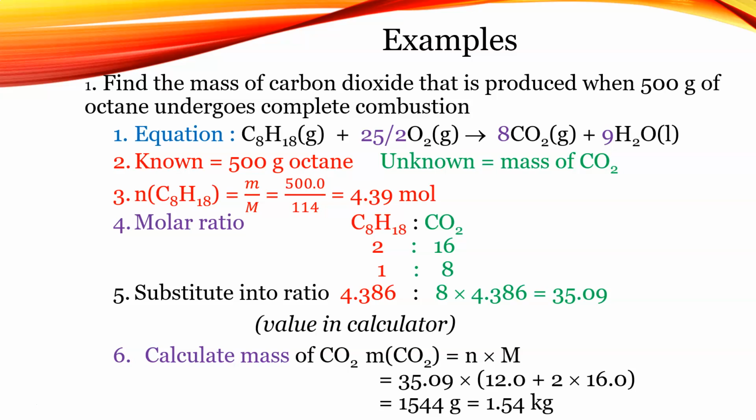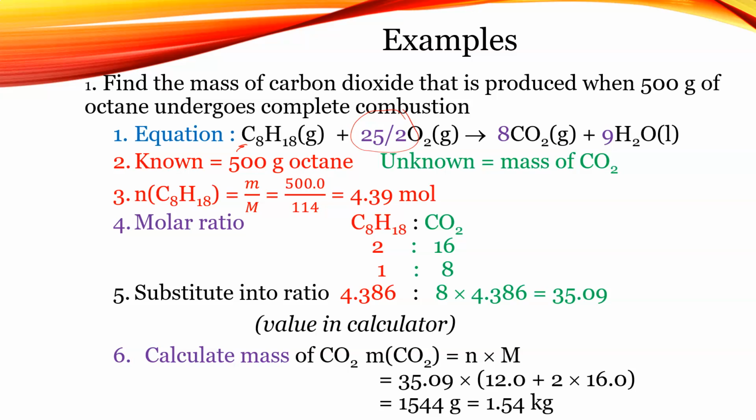So we start off with the balanced equation. Notice I've done 1 mole of octane here, and so we've got 25 on 2 mole of oxygen. And it's making 8 mole of CO2 and 9 mole of H2O. Now, this one is the best one for the job because all the question asked for was the mass of carbon dioxide produced.